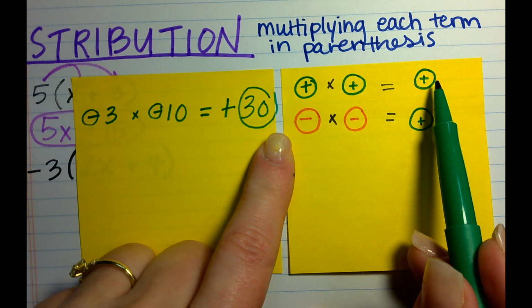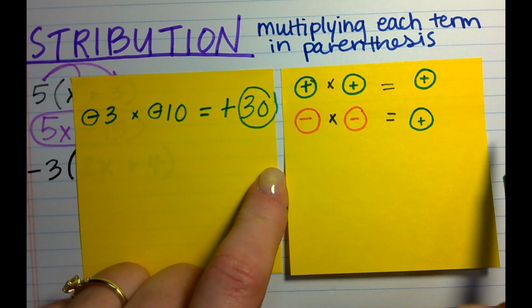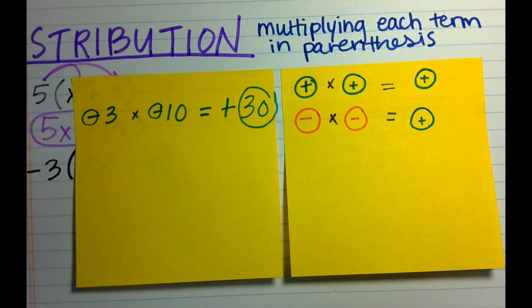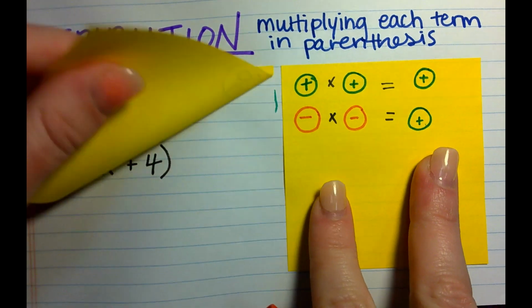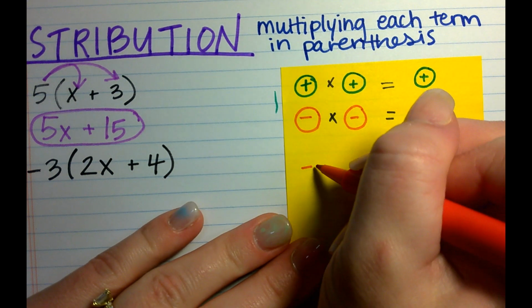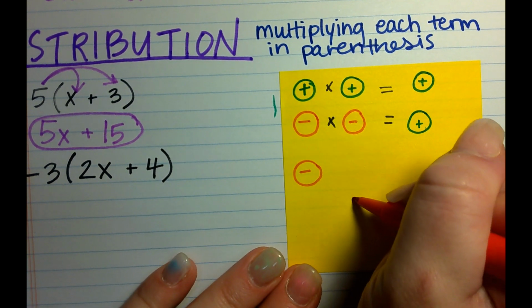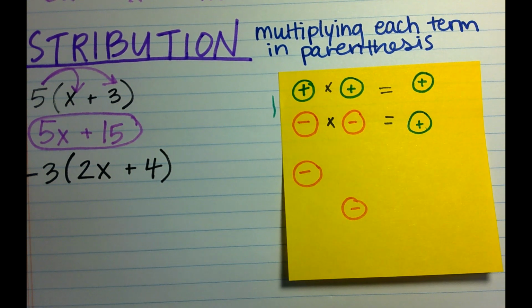Two positives make a positive. Two negatives make a positive. Signs are the same, we get a positive answer. The only way that we get a negative answer is when the signs are different. For example, if I have a negative number times a positive number, or a positive number times a negative number.